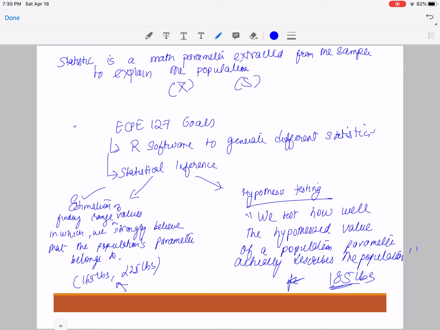And the final goal in ECPE 127 will be to apply a technique called regression analysis to perform predictions. In engineering experiments, usually there are two kinds of variables, the independent variables and the dependent variable.